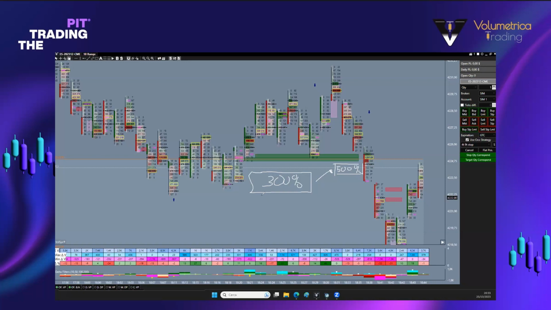But if you want to be more conservative, definitely you might want to increase the percentage of imbalance, or leave it at 300 but filter it with volume. So highlight every imbalance going over the threshold of 300%, but only show me those trading at least, for example, 100 volume.